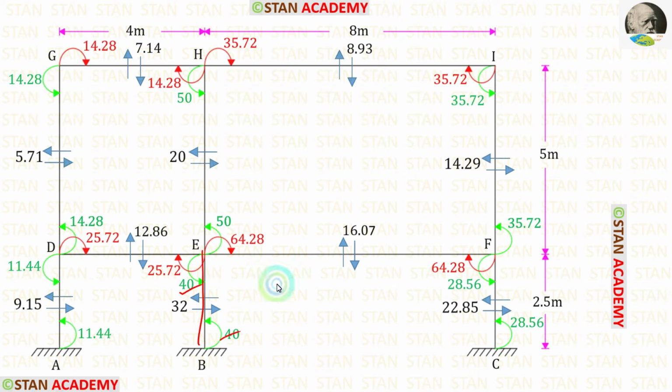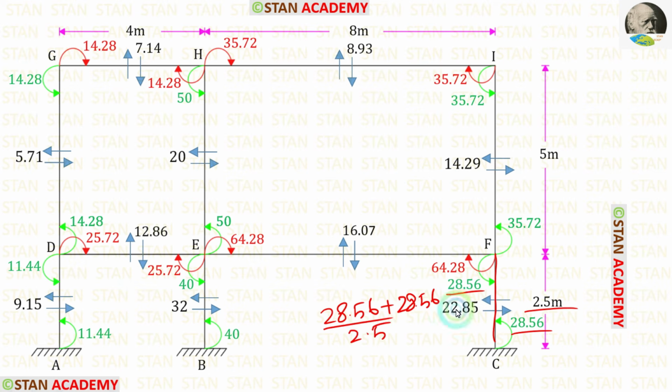Here we have to add these two and then divide by 2.5. When we do that, we will get 32. And finally here we have to add these two. So 28.56 plus 28.56, then we have to divide by 2.5, then we will get 22.85.